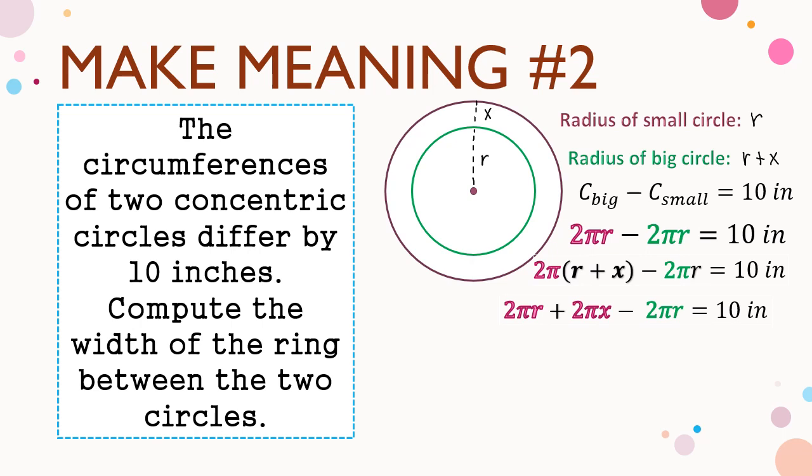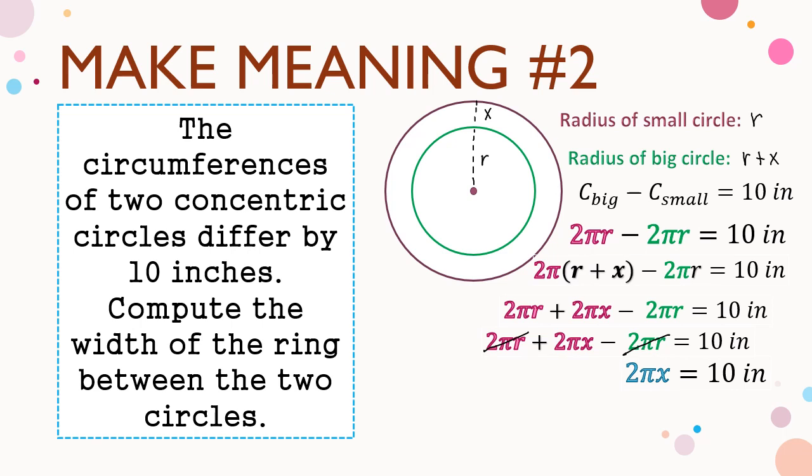Simply copy the 2 pi r here for the circumference of the small circle. As you can see, we have like terms here. We are supposed to combine 2 pi r and the negative 2 pi r, so we can cancel this out, because 2 pi r minus 2 pi r is 0, and therefore 2 pi x would be the remaining expression at the left side. So 2 pi x equals 10 inches.